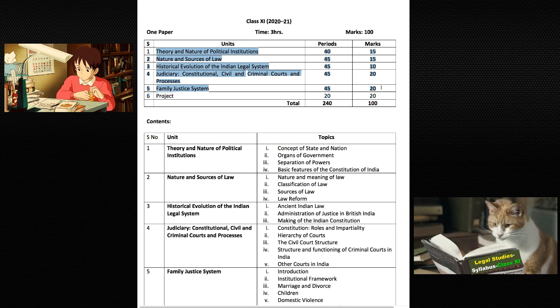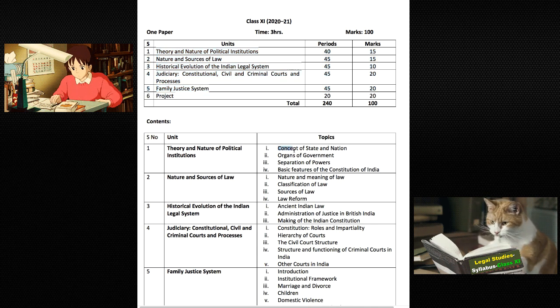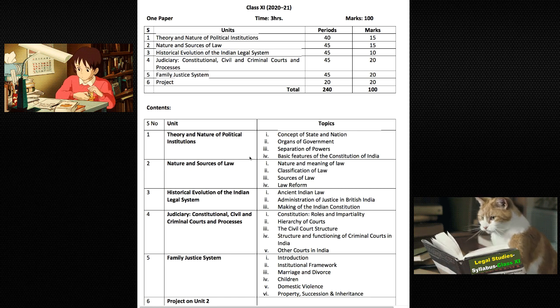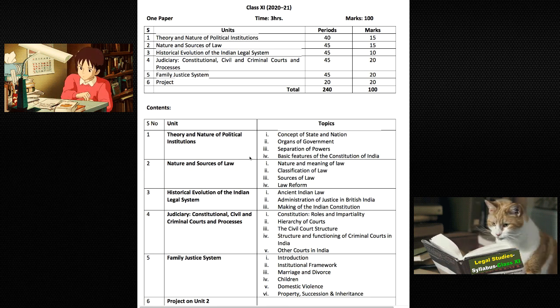We have 5 units, earlier we also had 5 units, and the chapters here are also literally the same. So for your class there is no change at all, so you need to focus on this. Don't think about the previous year's syllabus or what has changed this year, as in 12th it is changed, but for 11th it is not.